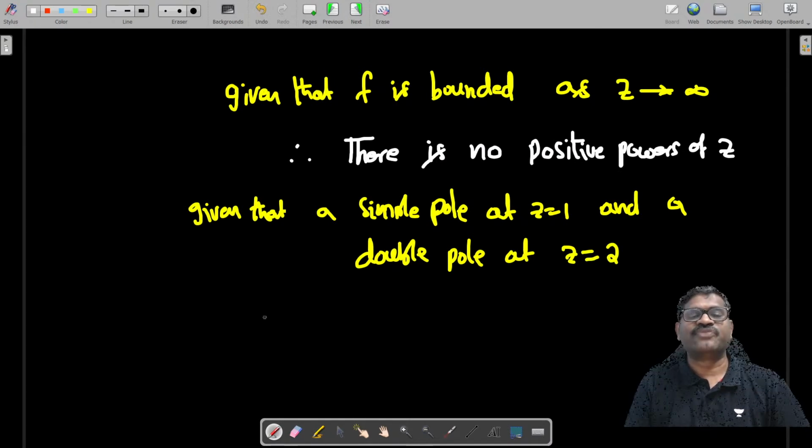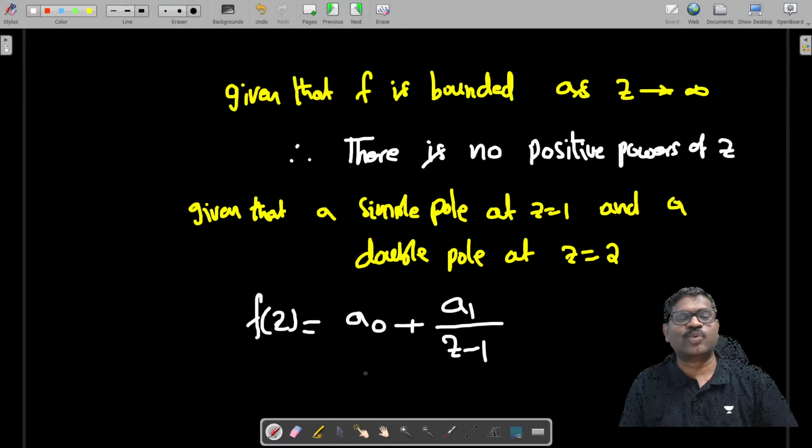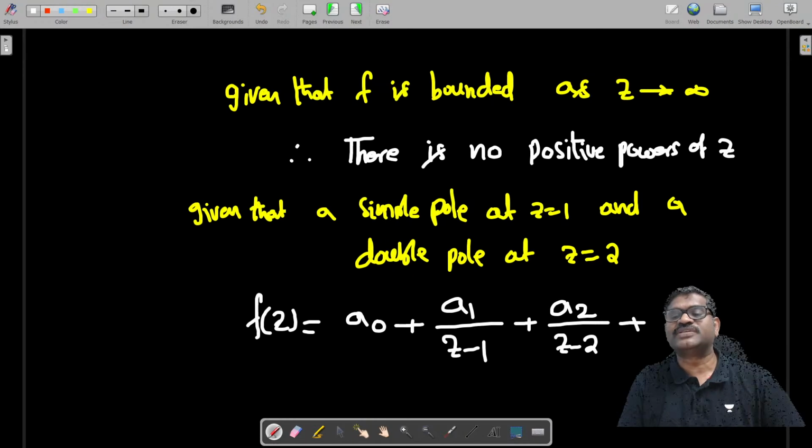Therefore, our function f of z will be in the form of a constant term plus a1 by z minus 1, because at z equal to 1 you have a simple pole, at z equal to 2 you have a double pole. Double pole means compulsory a2 by z minus 2 plus a3 by z minus 2 whole square because of the double pole.